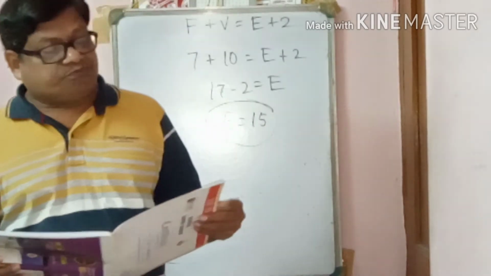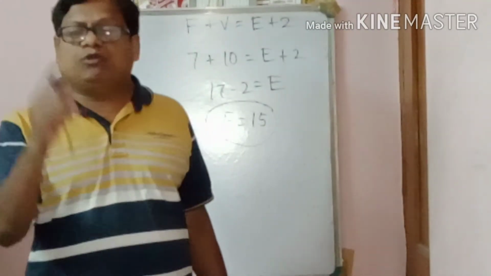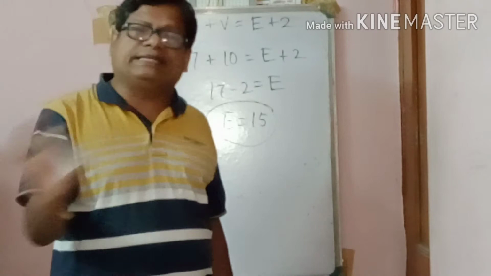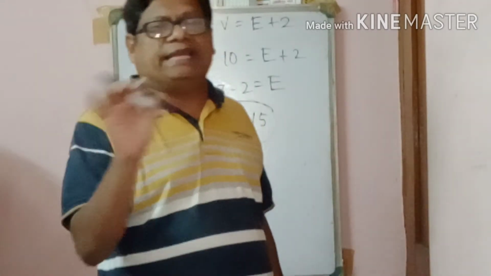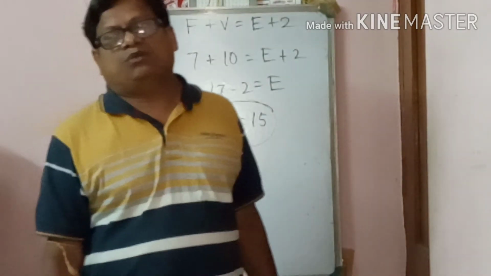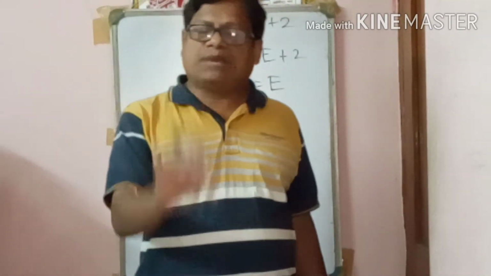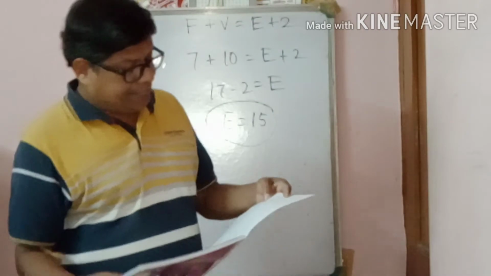Next one, the number of endpoints of a line segment. All of you know line, ray, line segment; I already discussed it in the previous class. A line segment has 2 endpoints.